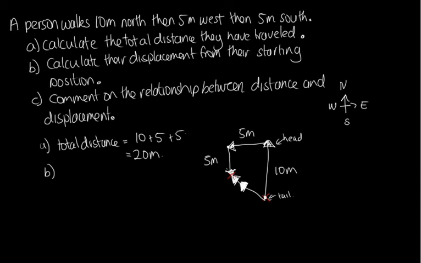So what we need to do now is work out the length of this vector. So to do this, we're actually going to have to use a little bit of geometry. That's a right angle triangle there. Now if you go 10 metres north and then 5 metres south, in total you've travelled 5 metres north. So we know that this length here is 5 metres.